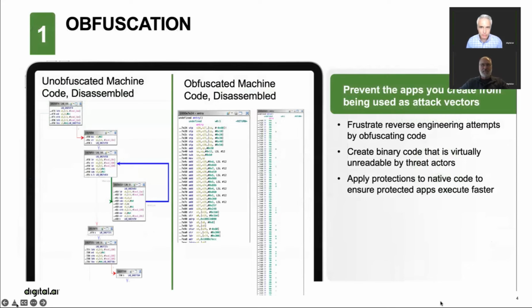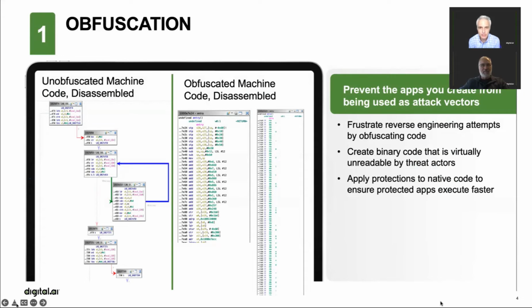So perhaps first and foremost, the most important benefit that we provide to protect our customers is that we protect those working examples of how to bypass the perimeter security that your apps contain. We do this by obfuscating the machine code. How do we obfuscate the code? Well, the process is relatively simple for you to implement.